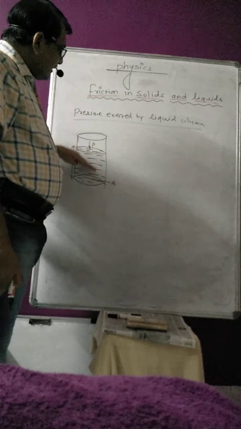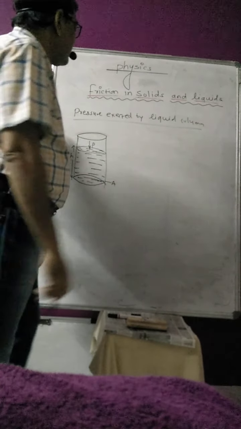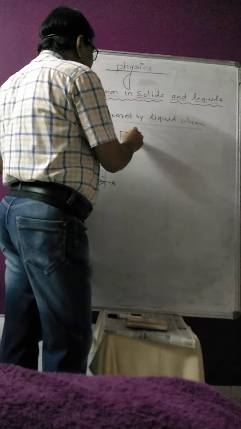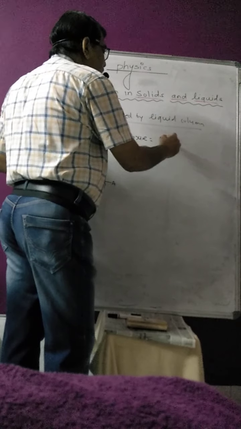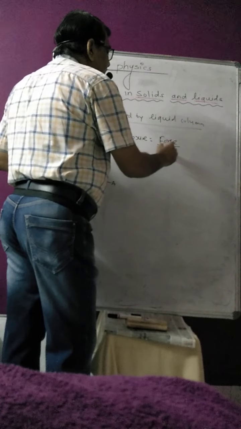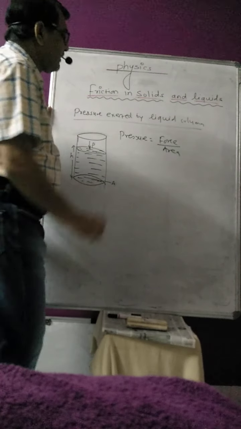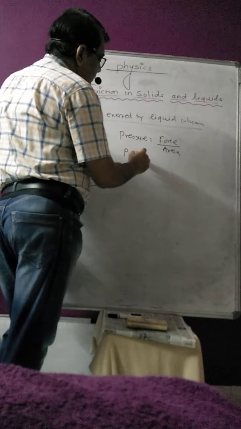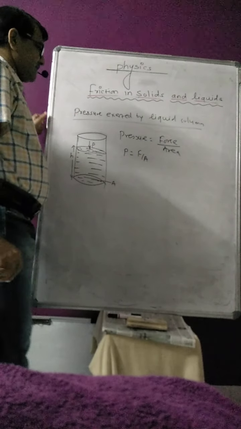As this is the liquid column, it exerts pressure on the base of the container. So how can we calculate the pressure exerted by the liquid column? It is the force acting per unit area, F by A, or pressure P is equal to F by A. That will be the pressure exerted.